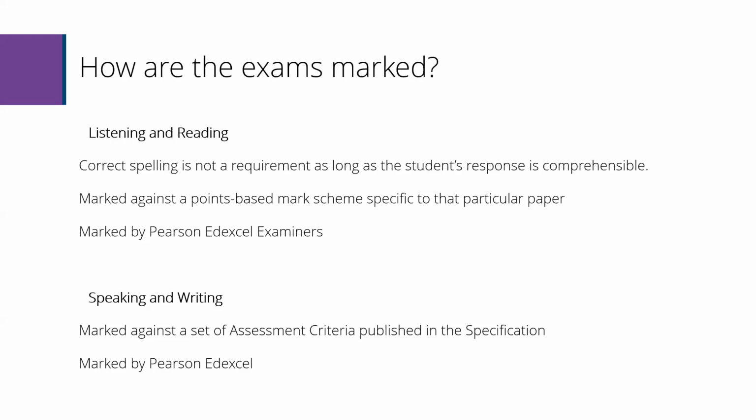It's also worth pointing out that on the mark schemes that are published each summer, not every correct answer can be included. So examiners will use an element of judgment, and you can do that as a teacher as well. If a student has answered and you think, actually, yes, that's a correct answer, but they've just worked that out in a slightly different way, then those answers are credited as well.